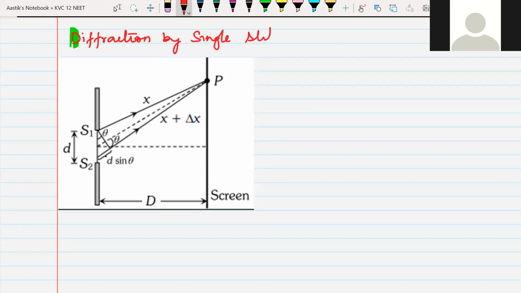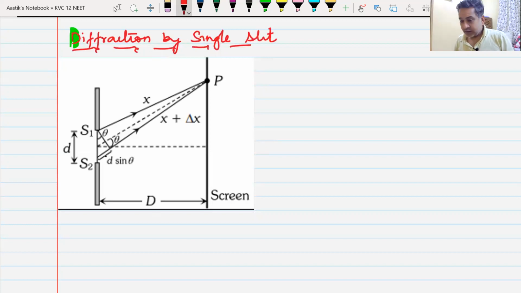As soon as you see this diagram, you will be reminded of something that we have already done. This diagram looks like the interference diagram that we had done in Young's double slit experiment. The only difference is there we had two slits, named S1 and S2. Here we do not have two slits. We only have one slit which has a width of d.